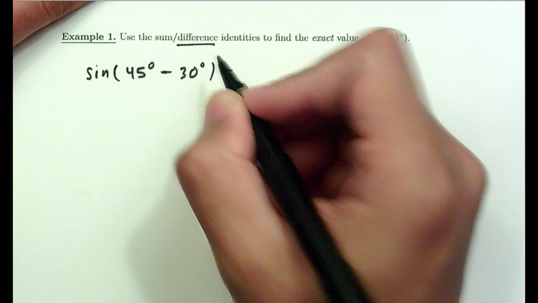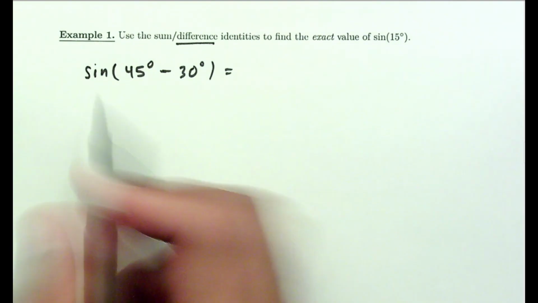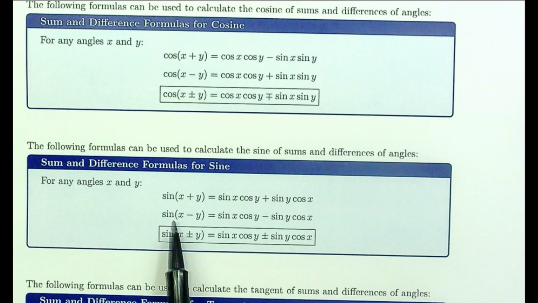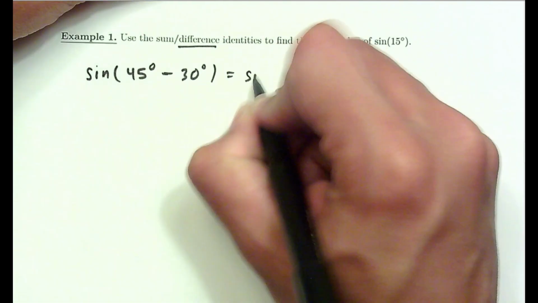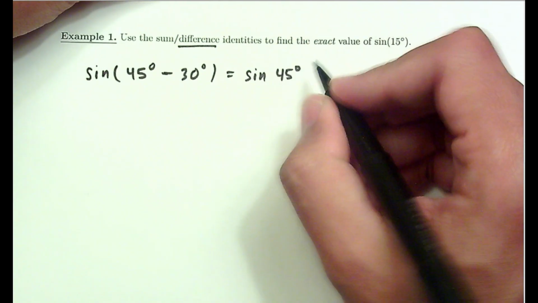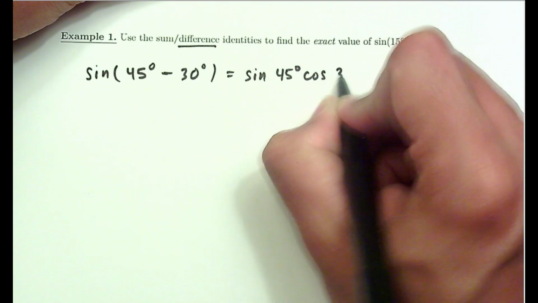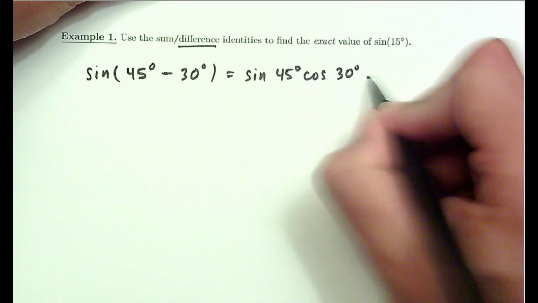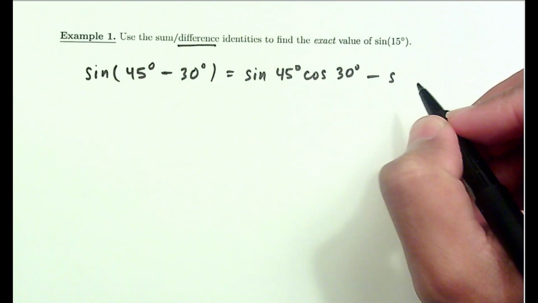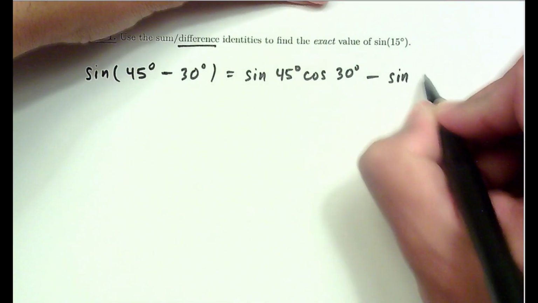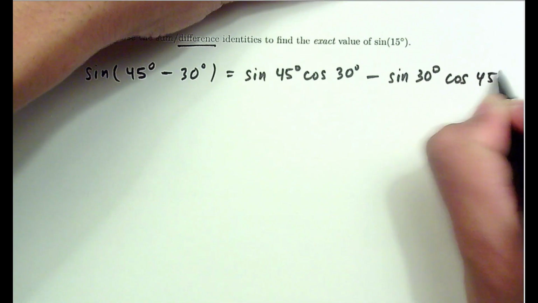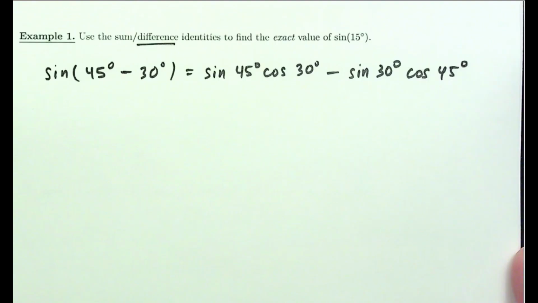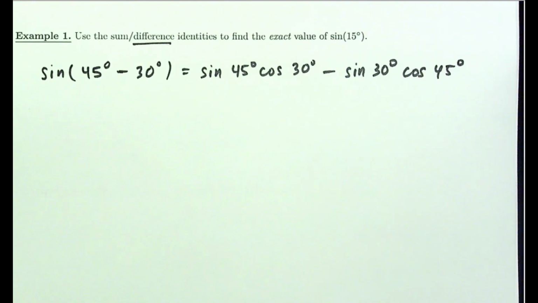Now that we rewrite it like that, we're just going to use the formula for the difference of two angles for sine, and we get that this is the same as sine of 45 degrees cosine of 30 degrees minus sine of 30 degrees cosine of 45 degrees. Okay, that's what we get by just applying the formula.